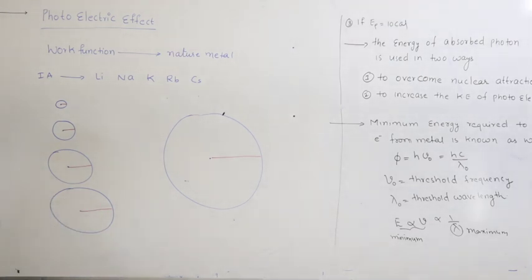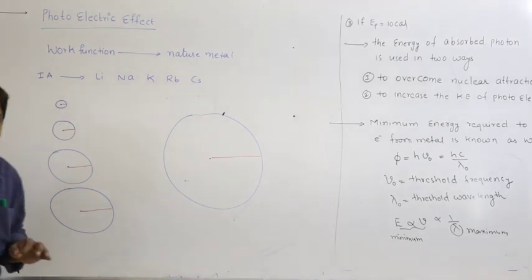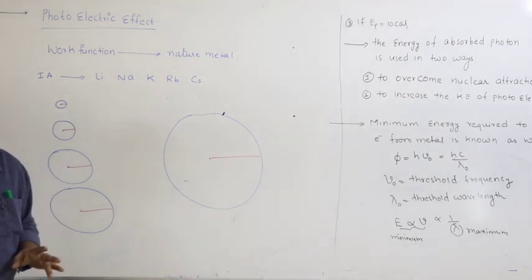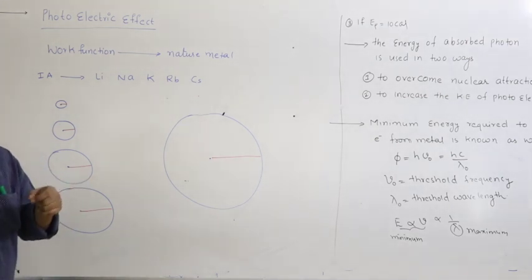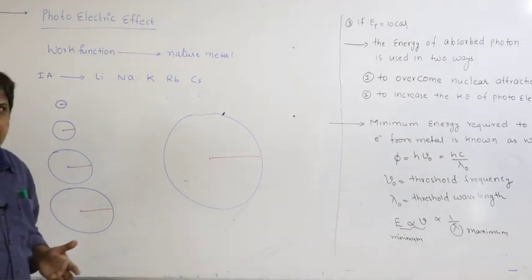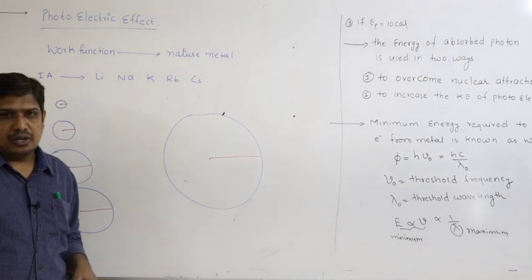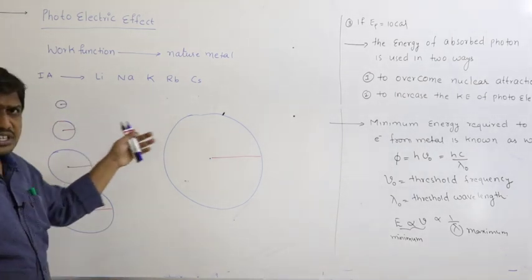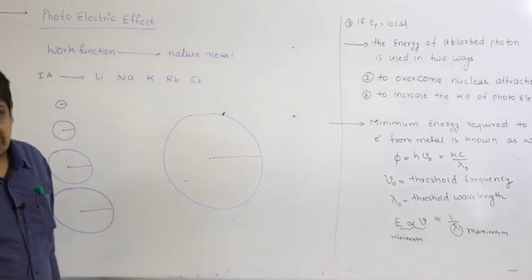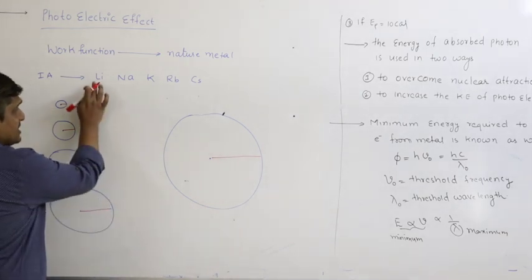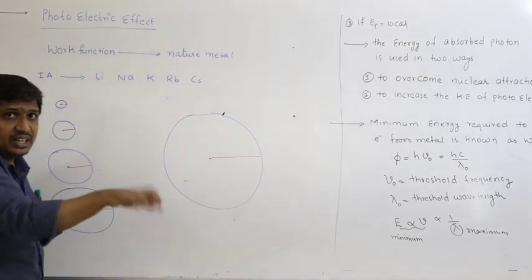The energy required to remove an electron from a neutral gaseous atom decreases. So here also the work function decreases. What is work function? The energy required to just eject the electron. So in simpler words, work function is proportional to ionization energy. As the size increases, work function decreases.